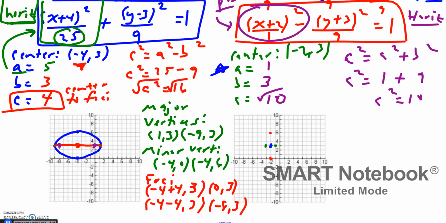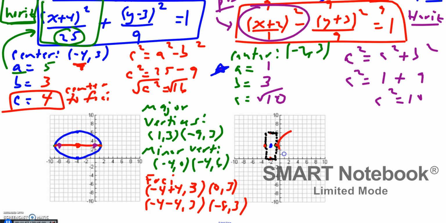So that means that this would be my little rectangle. And the little rectangle helps determine where I'm going to draw my picture. Because this is a horizontally based hyperbola, we need to draw our picture left and right. These are the vertices, left and right.